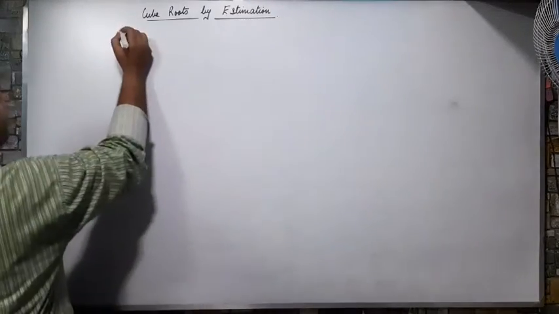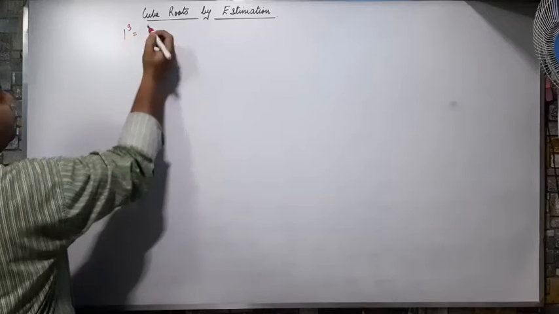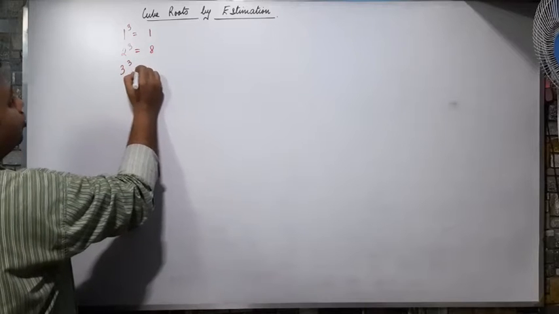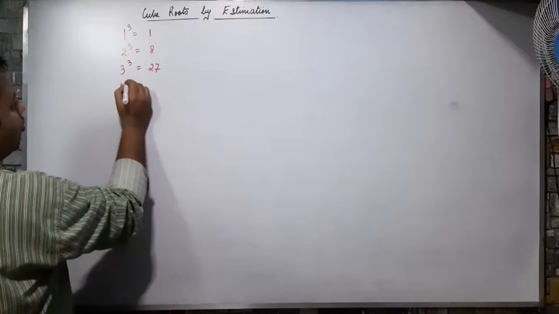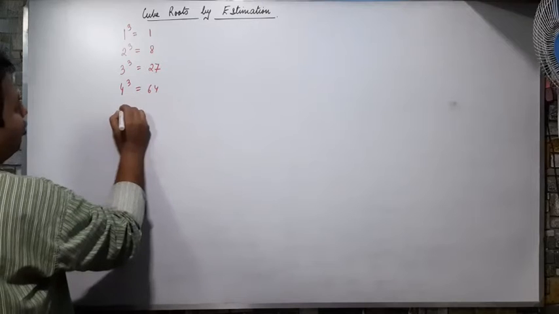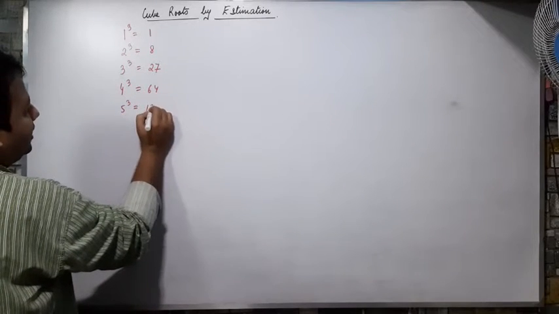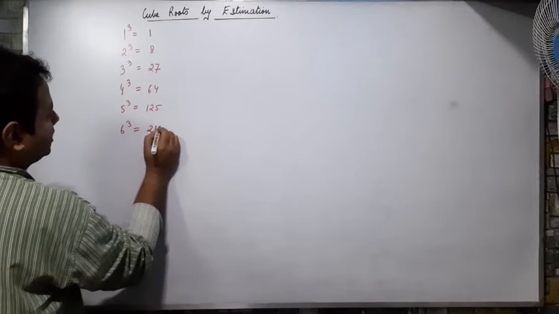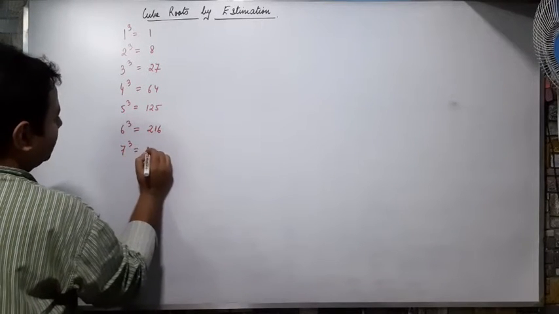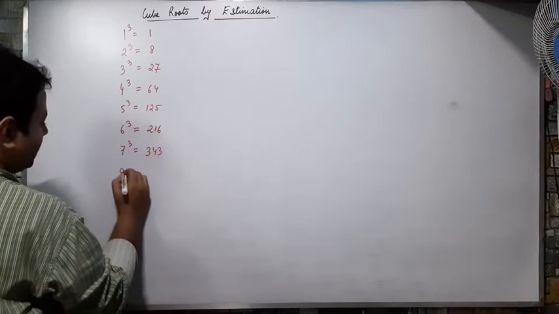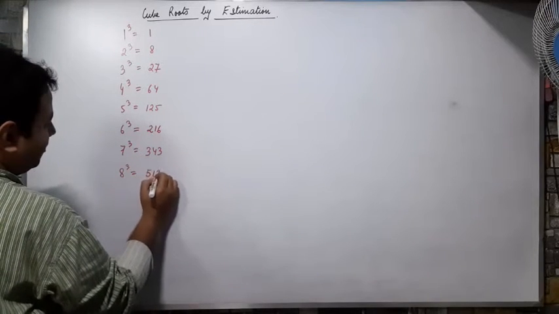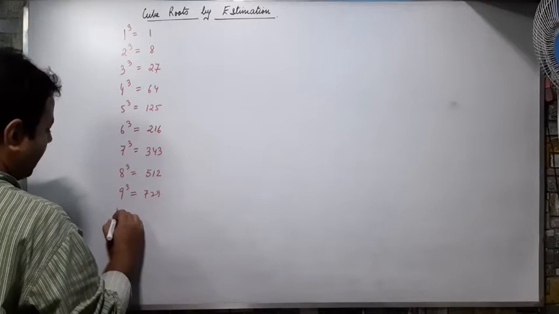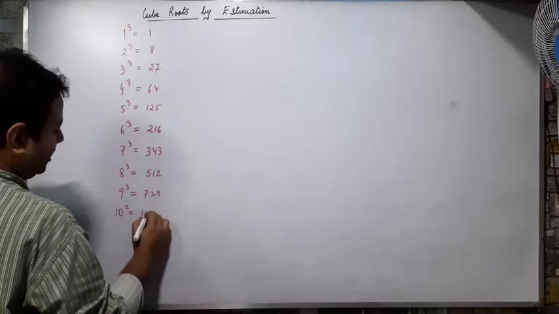So what is the cube of 1? 1 cube is 1. 2 cube is 8. 3 cube is 27. 4 cube is 64. 5 cube is 125. 6 cube is 216. 7 cube is 343. 8's cube is 512. 9's cube is 729. And finally 10's cube is 1000.